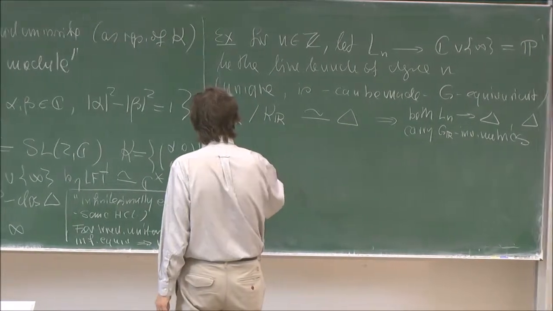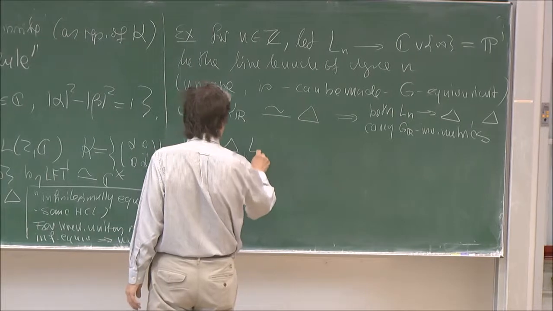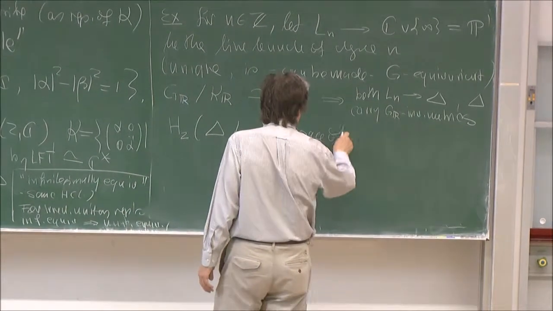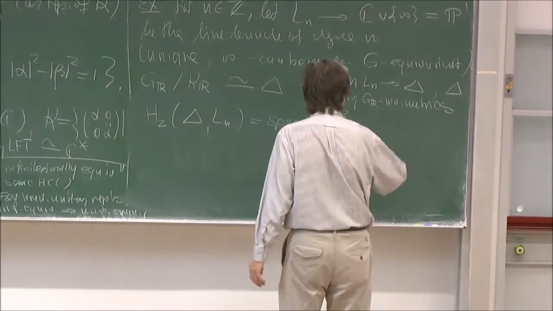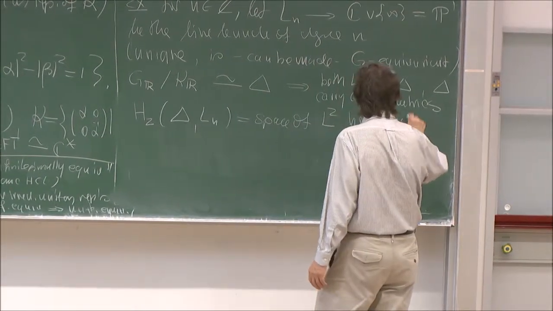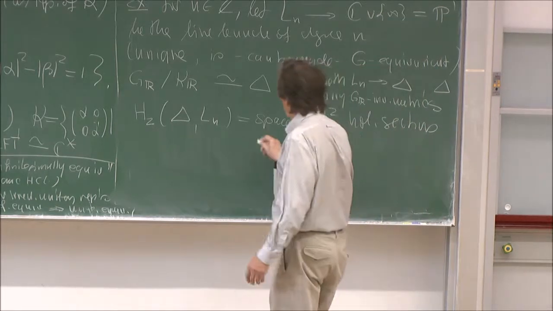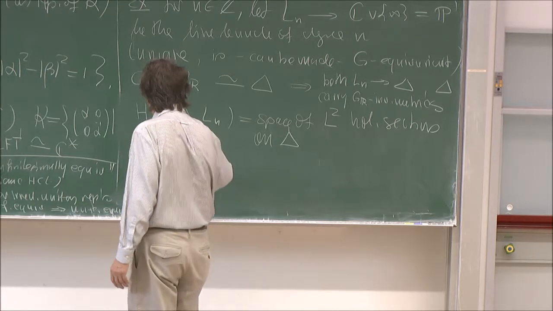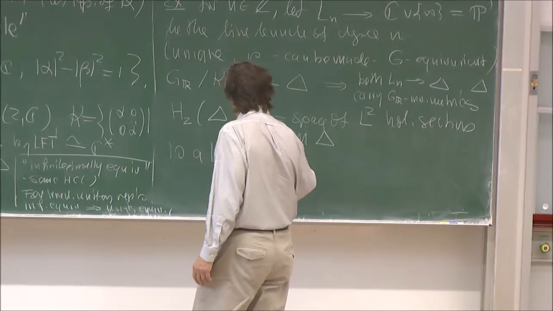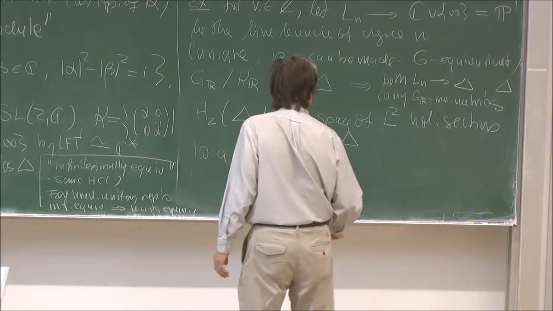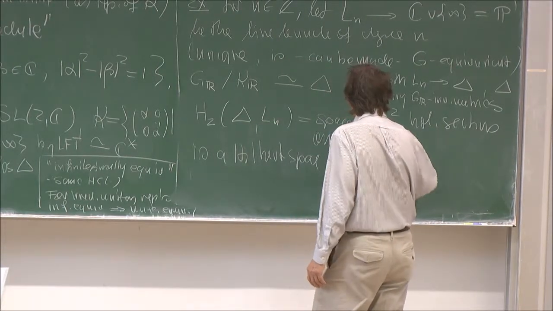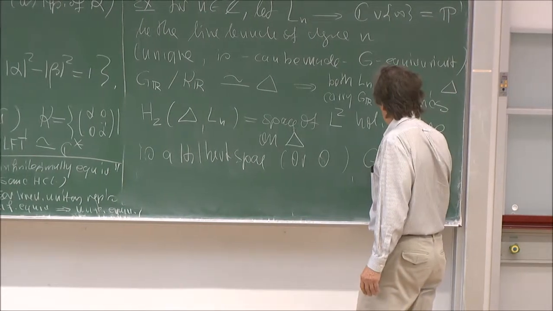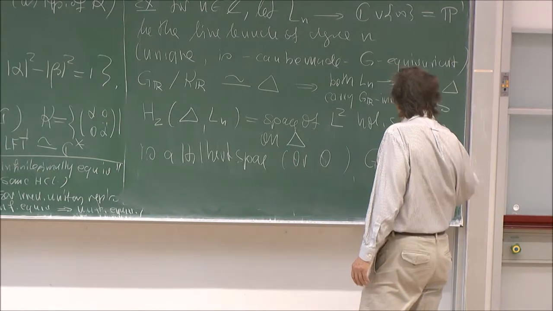And therefore, if I look at H2(Delta, L_n), by which I mean the space of L2 holomorphic sections on Delta, this is the Hilbert space, possibly zero. So that's certainly possible. And G_R acts on it.